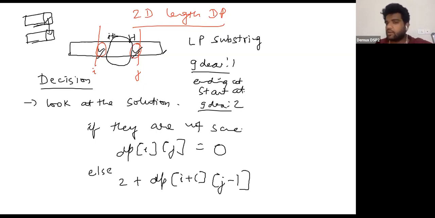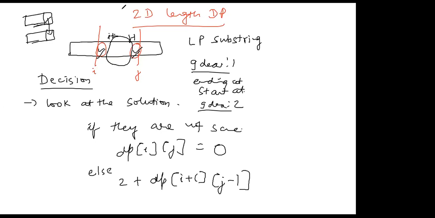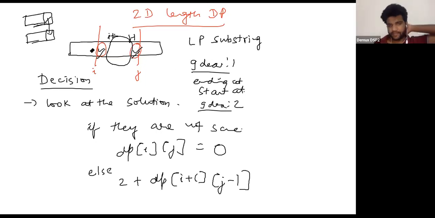We are just extrapolating that idea, and we are making a call based on whether they are same or not. I don't know how many of you appreciate this, but that's basically the idea. Others? Understand? Yeah, so that's basically the DP.